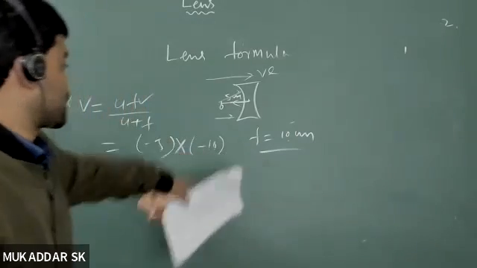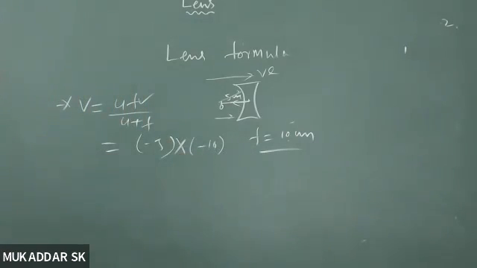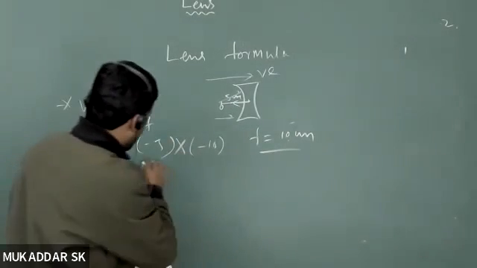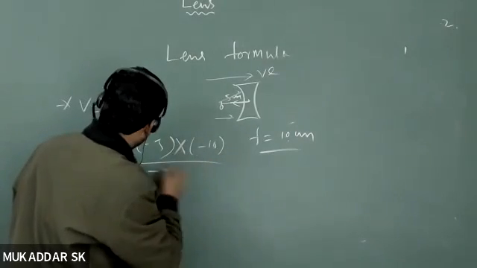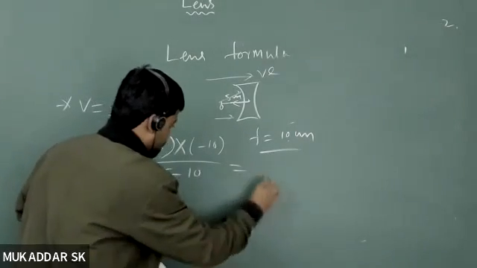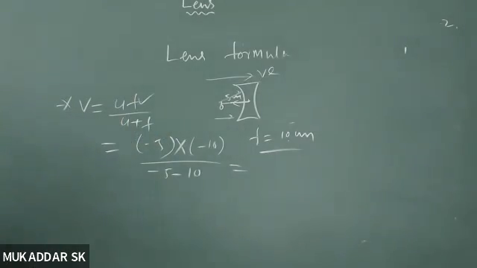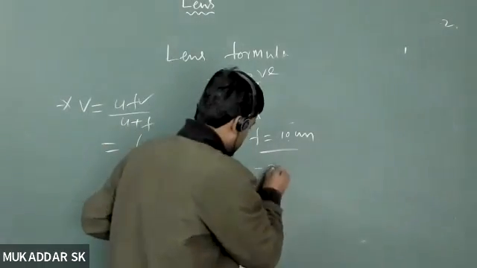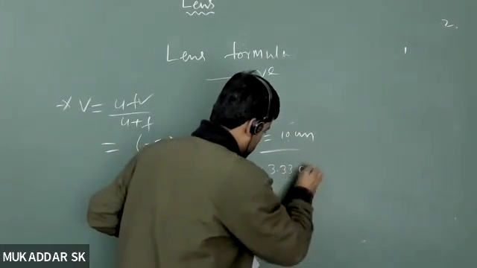So you have to use minus 10 because you know that concave lens is a diverging lens at AR. So you have to use minus 10. Then you have minus 5. Use minus 5 and F is minus 10. If you calculate this, it will be minus 3.3.